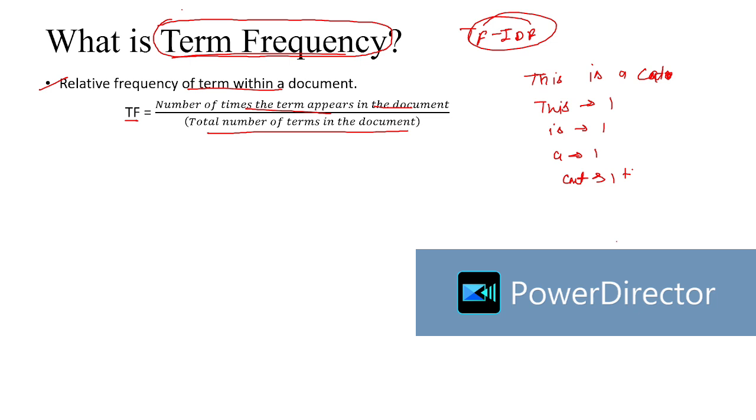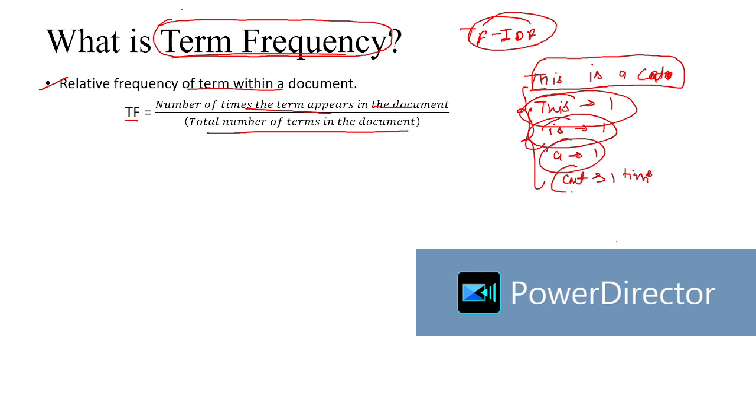So this is a document, and these are the terms appearing in the document. This is the relative frequency of a term within a document.